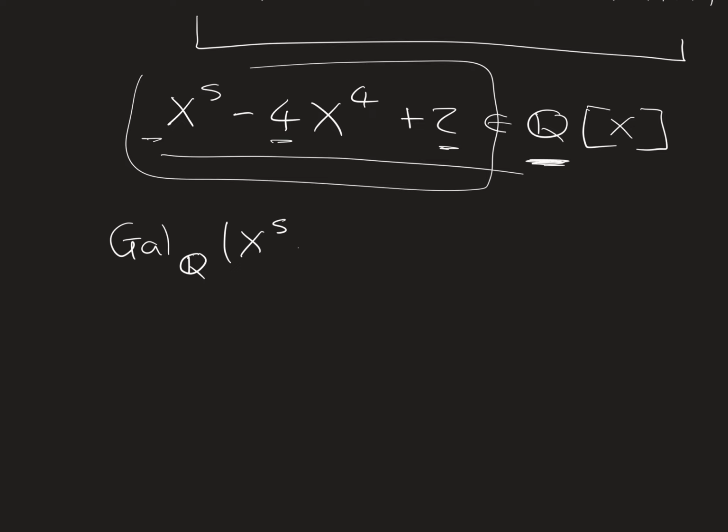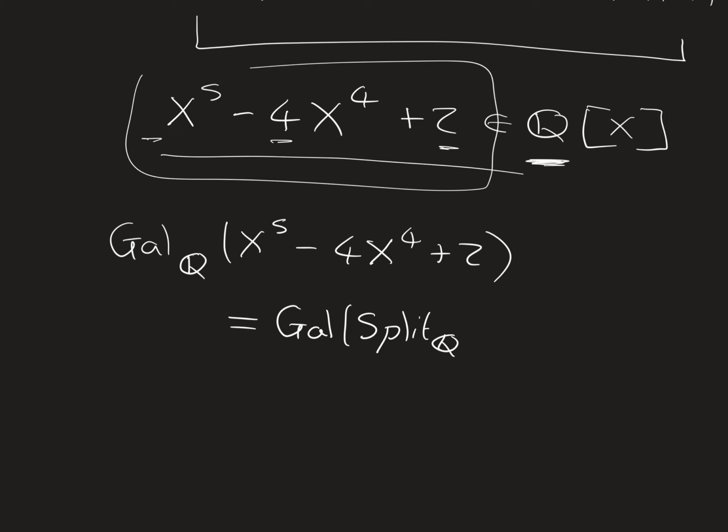So the Galois group over the rationals of x to the 5 minus 4x to the 4 plus 2. Just in case you're not used to this notation, this is just a shorter, cuter notation for the Galois group of the splitting field over the rational numbers of this polynomial, x to the 5 minus 4x to the 4 plus 2, over the rationals.